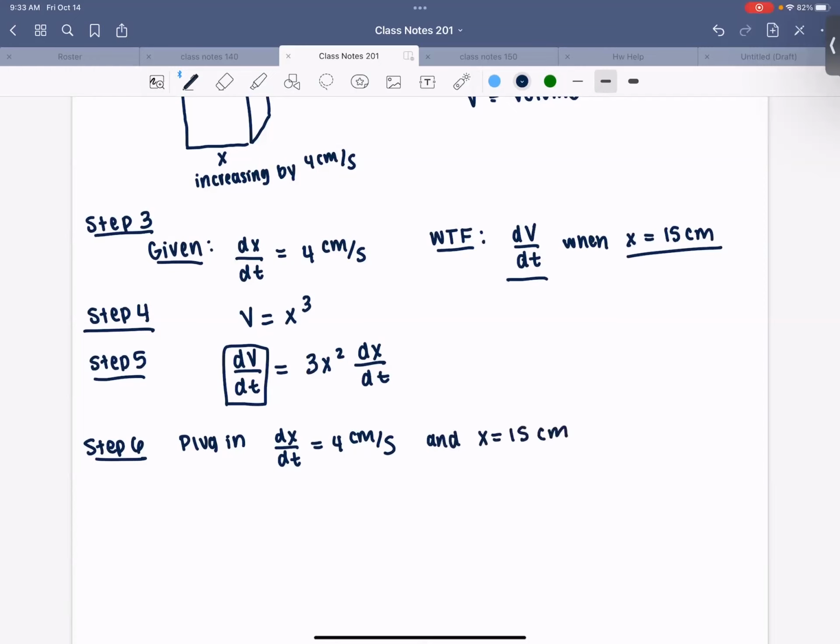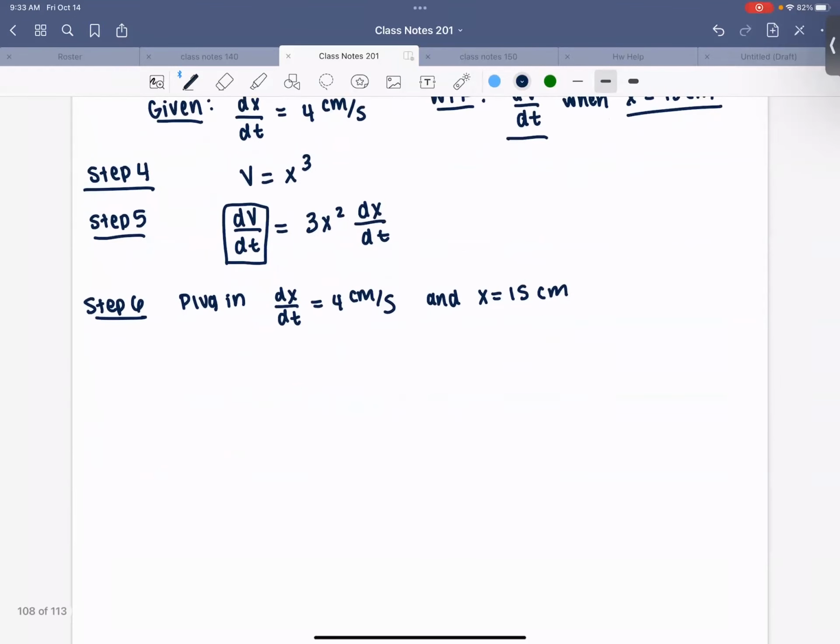Remember, plugging in always goes in at the end of these sort of problems. Okay, so plugging in, we have dV dt equals 3 times x squared, so 15 centimeters squared, times dx dt, which is 4 centimeters per second.